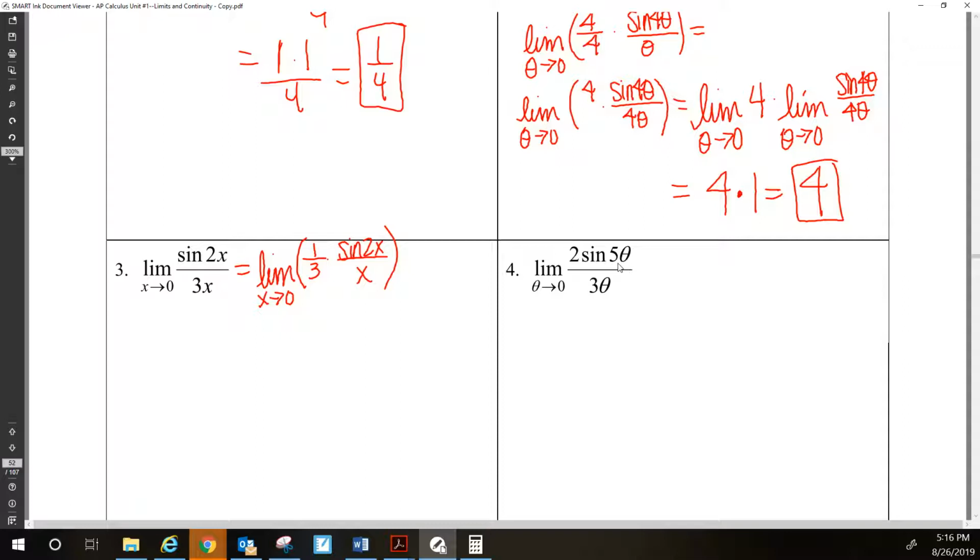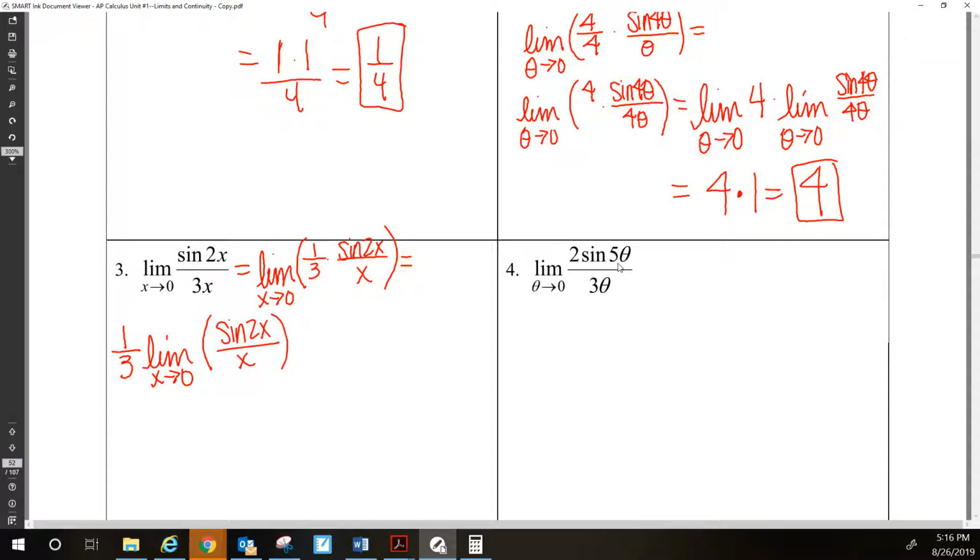When I've got that number in there, what can I do with that number? Hopefully you guys are getting used to this with our properties. If you have just a constant in there, you can pull the constant out. And then you've got the limit as x goes to 0, and then I'm stuck with sine 2x over x. What's wrong with that? Well, I don't have 2x in the denominator. In order for that to be 1, I've got to have 2x in the denominator.